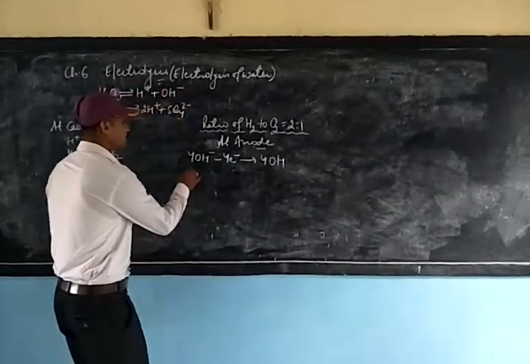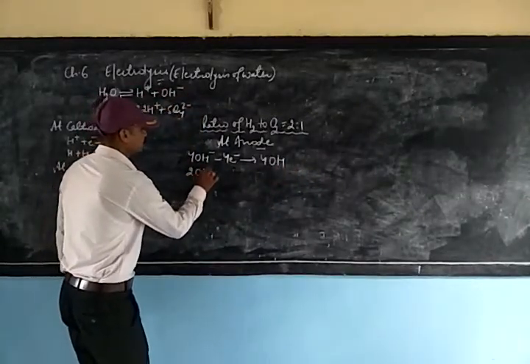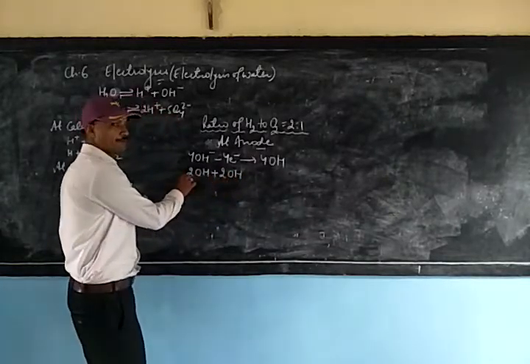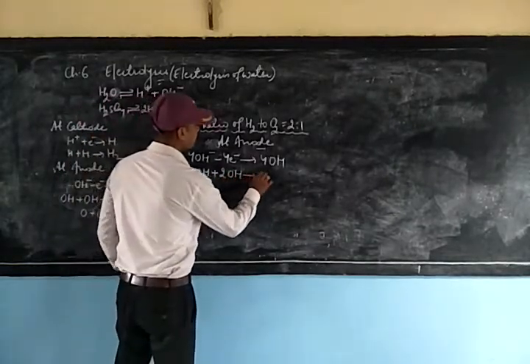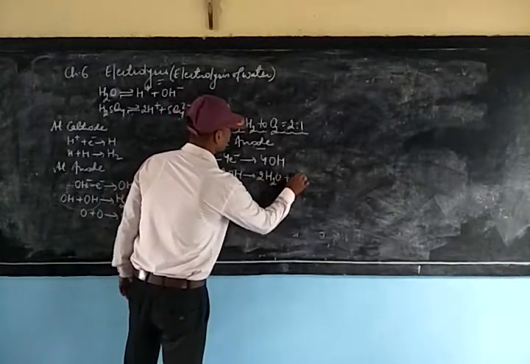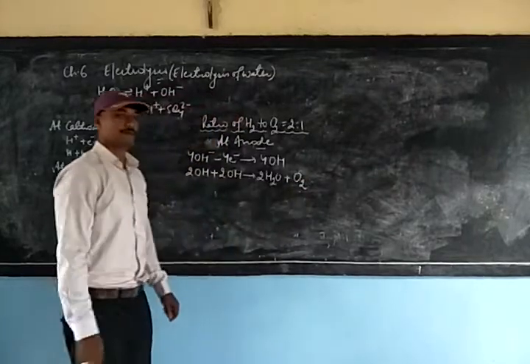Now these 4 hydroxyl groups can be written as 2OH plus 2OH. So 2 plus 2 will make 4, which will be equal to 2H2O plus O2.